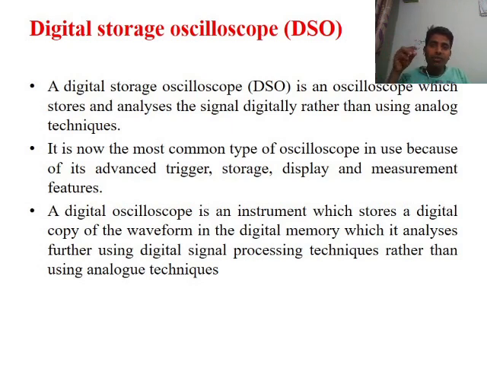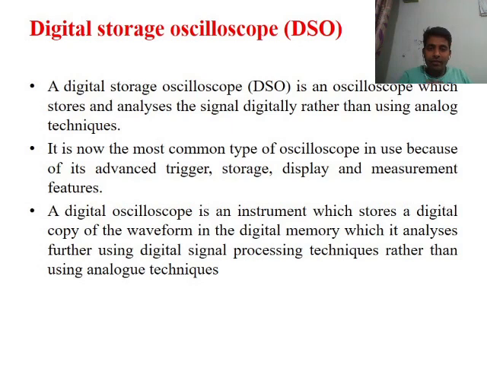In the CRO the processing is analog in nature, whereas in the digital storage oscilloscope, as the name suggests, the processing is done in a digital manner. First the input signal is converted from analog to digital format, then it is processed, then it is stored temporarily in the temporary memory, then it is displayed.